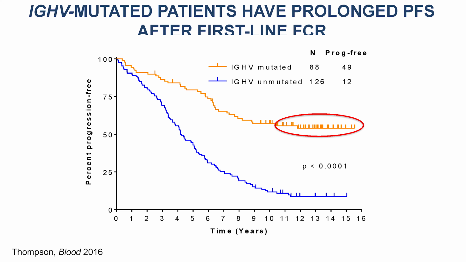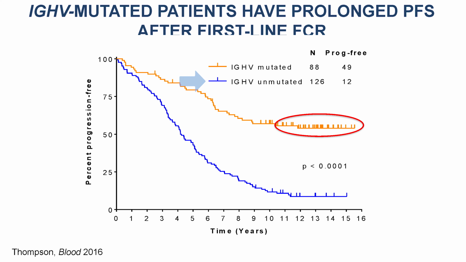So when you see the curve flatten out like a plateau, that means that you can maybe say we might be curing some people of the disease with this treatment. The reason that these two curves are different is this group of CLL patients have a mutated IGHV, which was that thing I was talking about earlier. These ones have an unmutated IGHV.